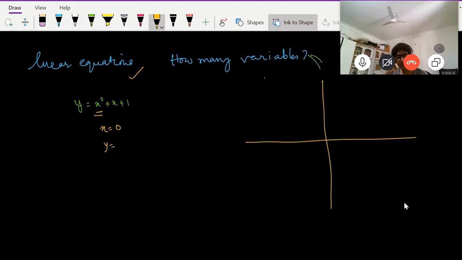Look at this, x equal to 0. Then y is equal to x square is 0, x is 0, but what about the 1? y is 1. So y will be 1. So x 0, y 1 will be a point on the graph, right?